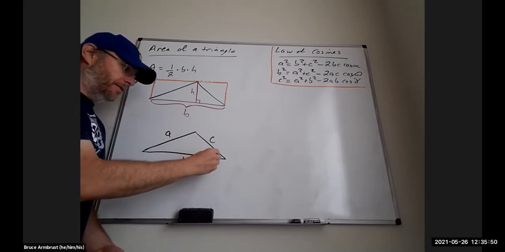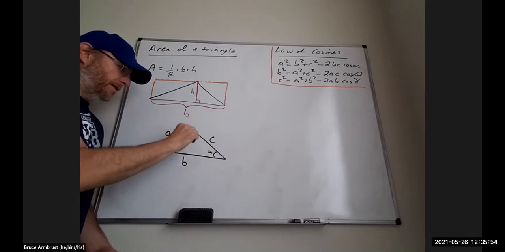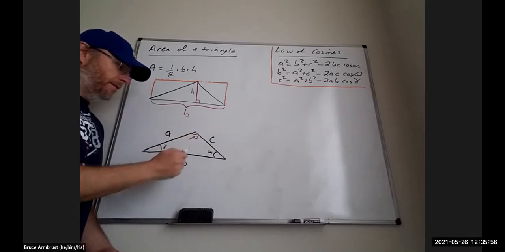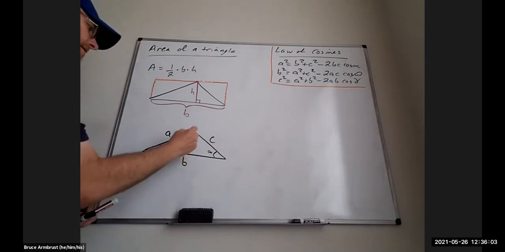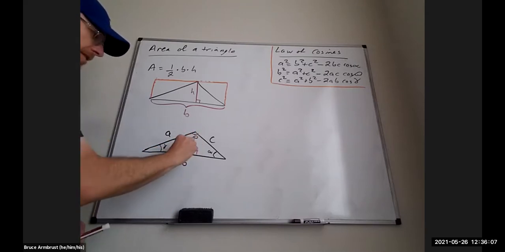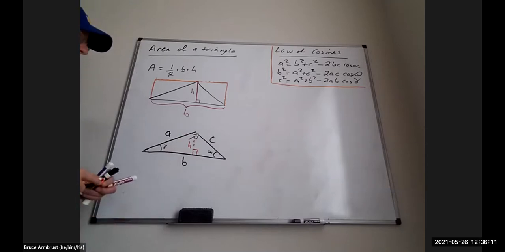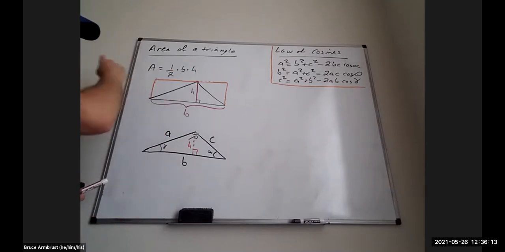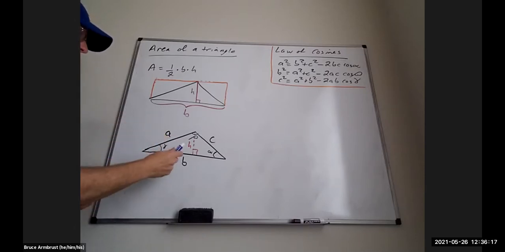There's our alpha, that one's gamma, and this one's beta. Given this, can we get the area? I'm going to do what we've done before, which is put in this perpendicular and call it H, but I'm not going to actually calculate it. Instead, I want to substitute it in and get some other relationship with H.